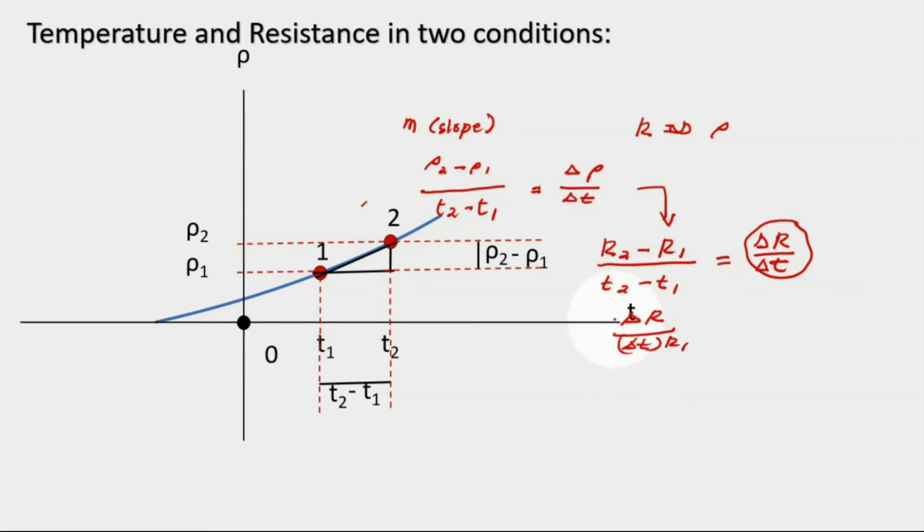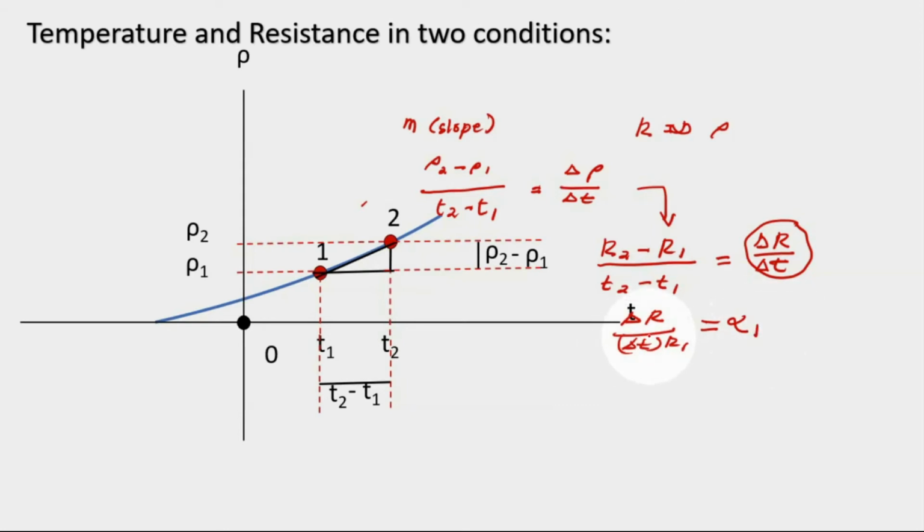This term is what we call the temperature coefficient of resistance at condition 1, and it is represented by the notation alpha, so I'll put here 1.